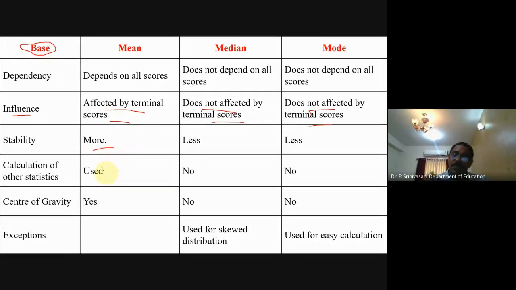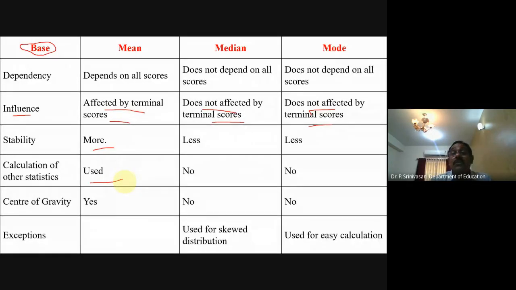For calculation of t-test, ANOVA, ANCOVA, regression, correlation, and many things, higher order statistics, we use mean, but median and mode so far are not used. But median is used for some differences, only on a few occasions.